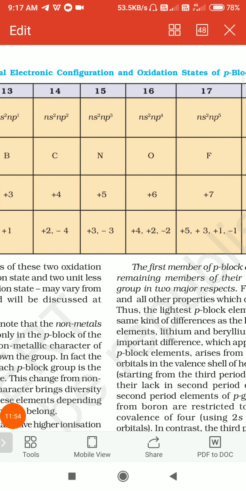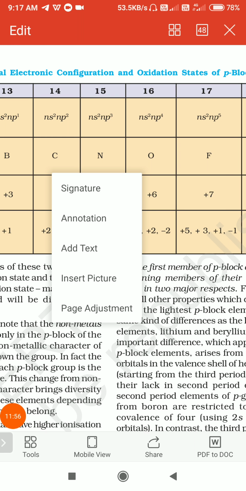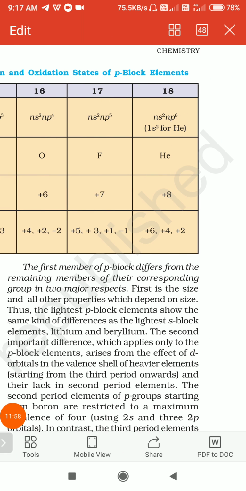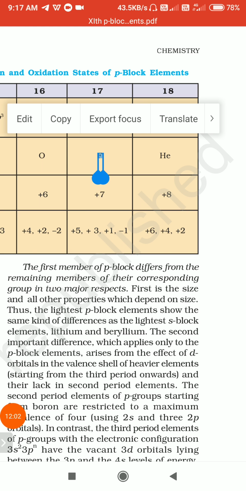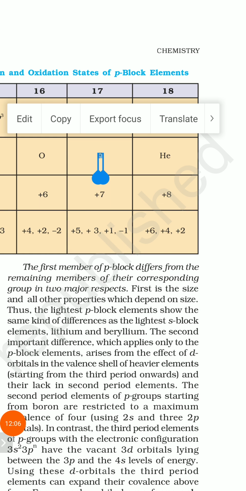Next, the 15th group is the nitrogen family. The 16th group is the oxygen family. The 17th group is the halogen family. You can also say the fluorine family, but commonly we use halogen family.